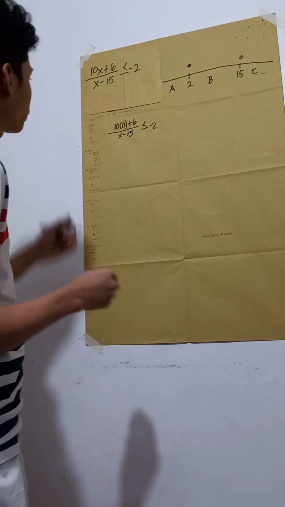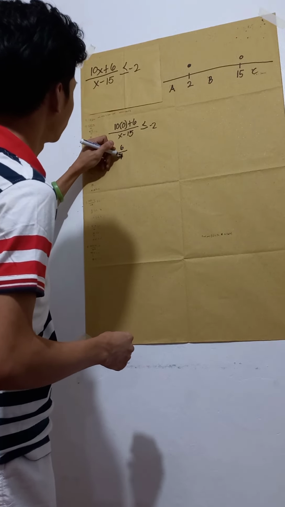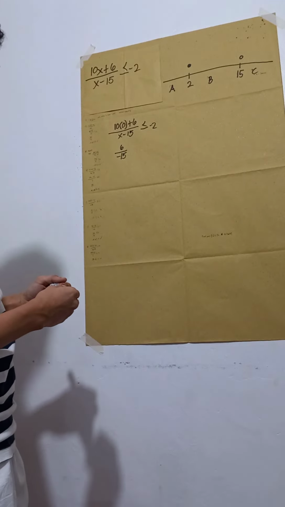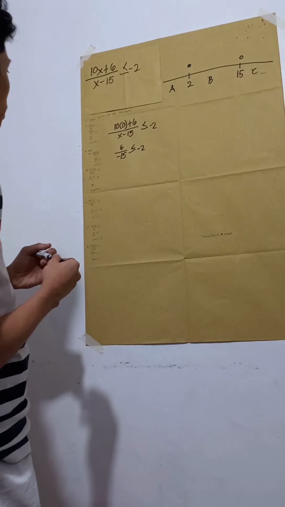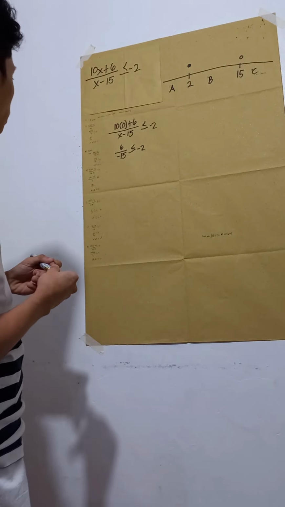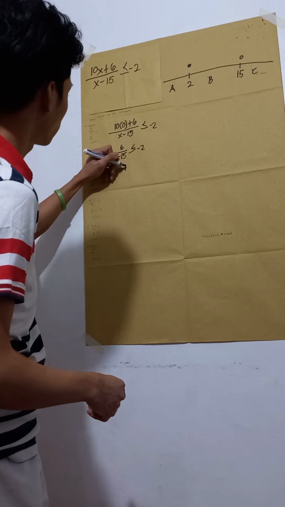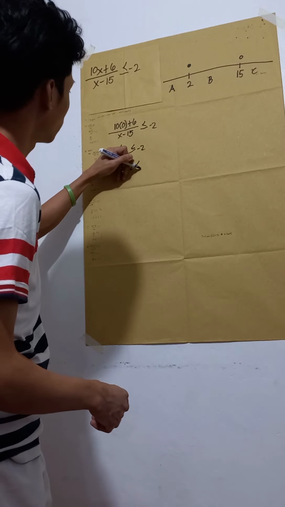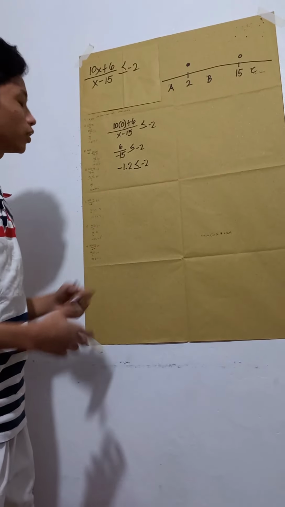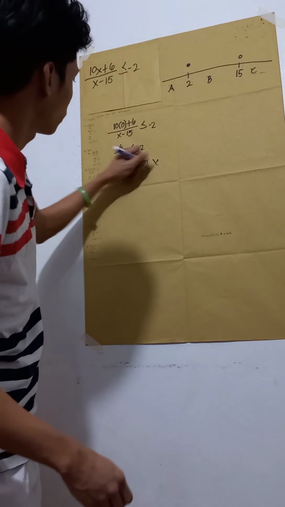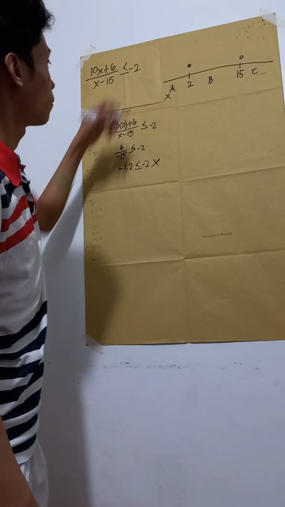That is 6 over negative 15, which is negative 1.2, less than or equal to negative 2. As you can see, this is not a solution, so we're going to mark that with an x. A interval is not a solution.